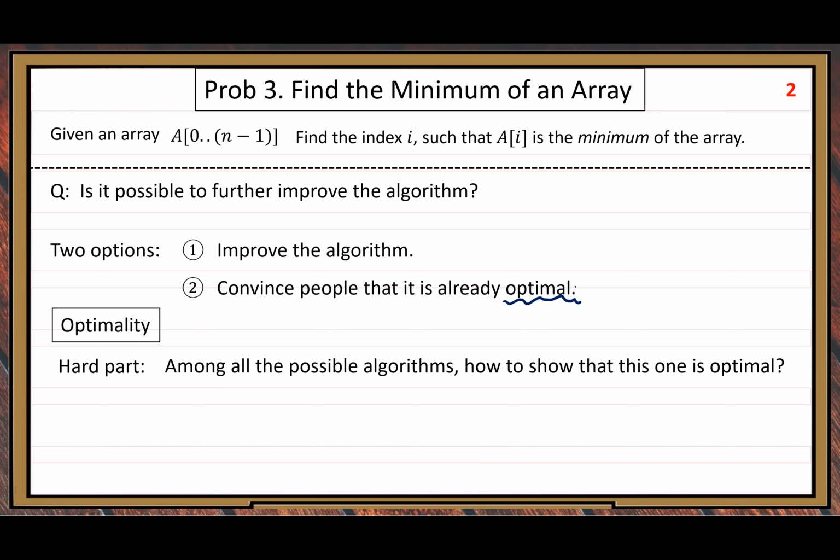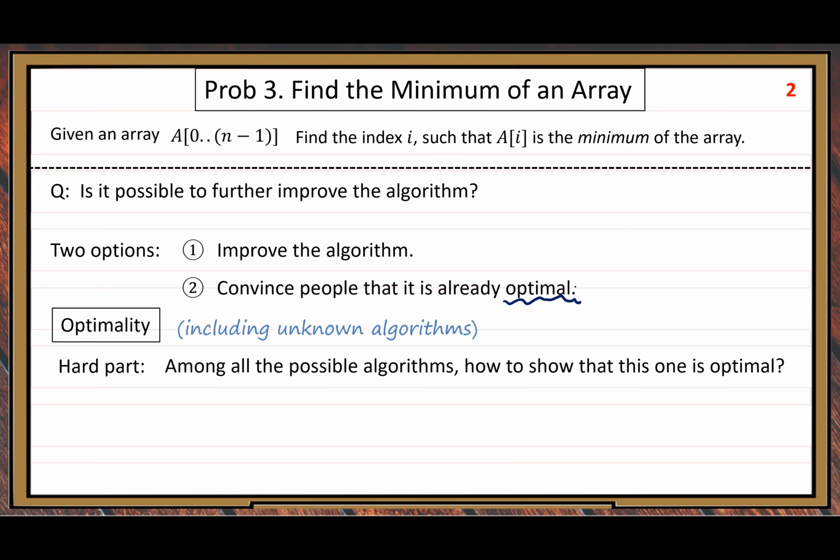Another aspect is that we need to consider all the possible algorithms for this particular computing problem, and show that those algorithms cannot improve the kind of performance we can get for this one.